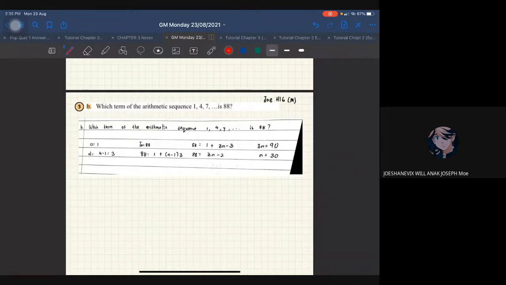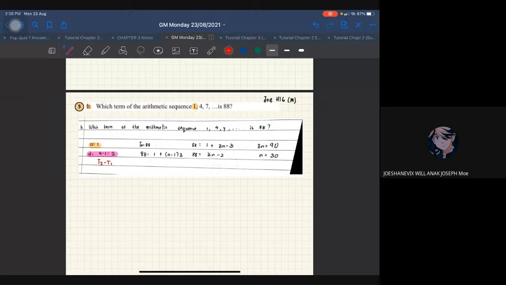So first kita tahu yang kita ada nilai, kita boleh dapat nilai A and kita boleh cari nilai D, common difference. So we know that nilai A dia 1 kan, and nilai common difference dia 4 minus 1 is 3. Faham ke? Faham.